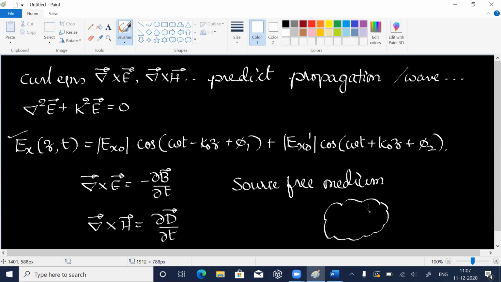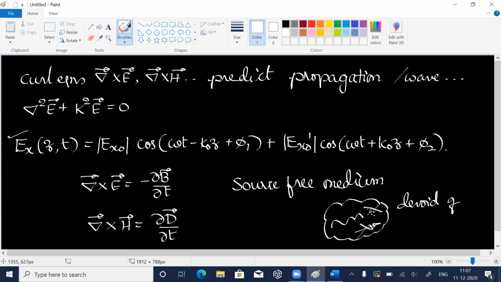That means in this medium there are no charges or sources of any current. This medium is devoid of all these sources, devoid meaning there is nothing. So you have an empty free space, and in this case you have propagation.